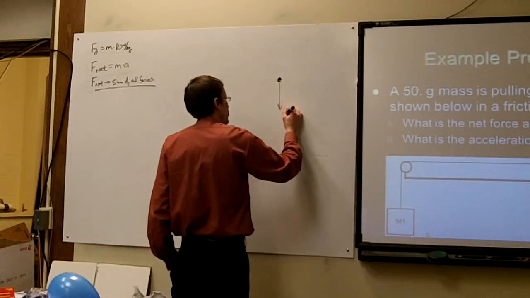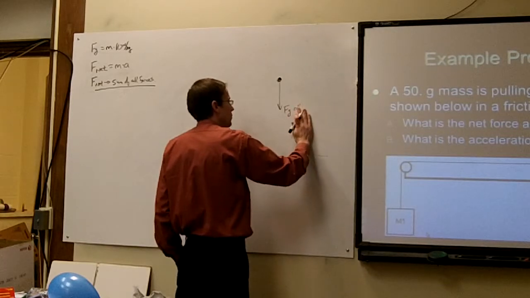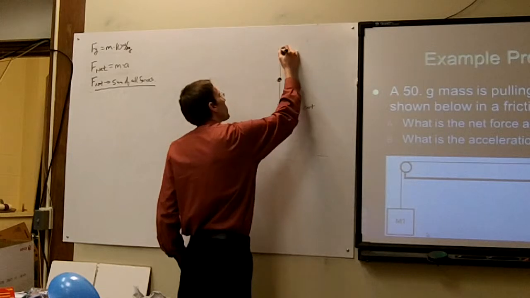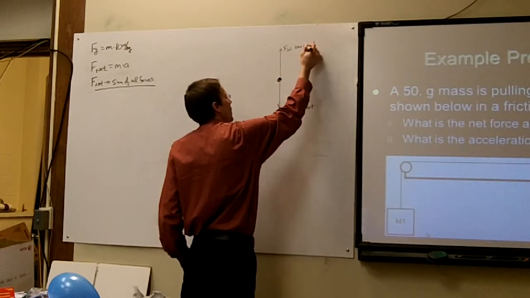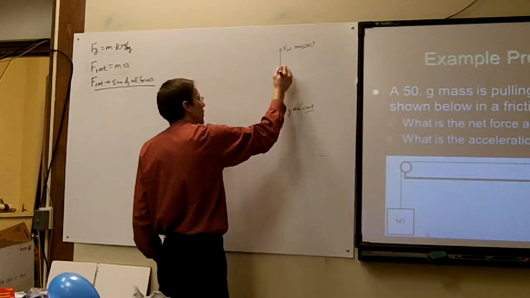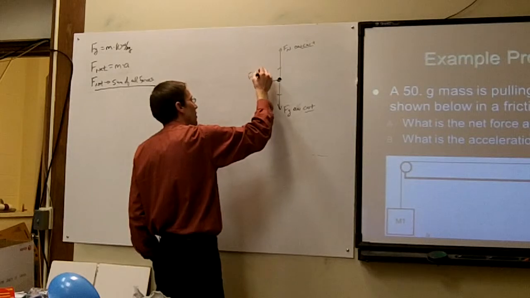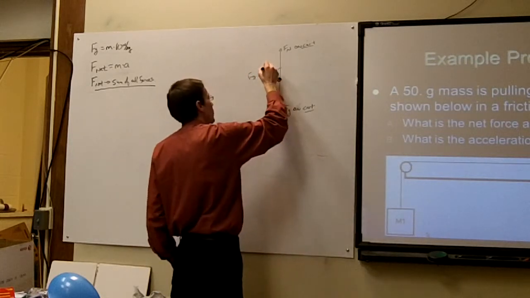So we've got force gravity on cart, force normal on cart, and again I distinguish those from this one right here, and we got force gravity on, we'll call it, mass 1.